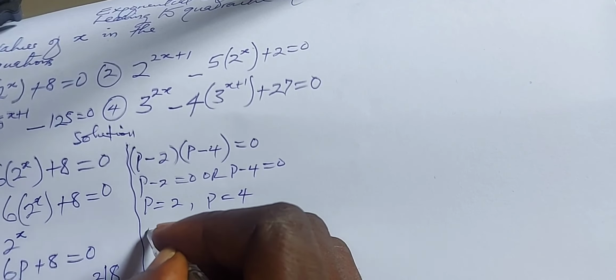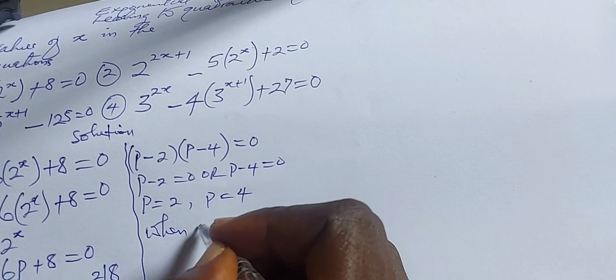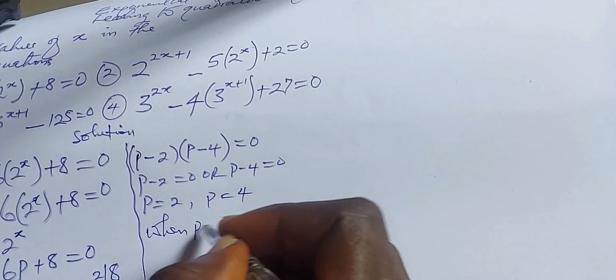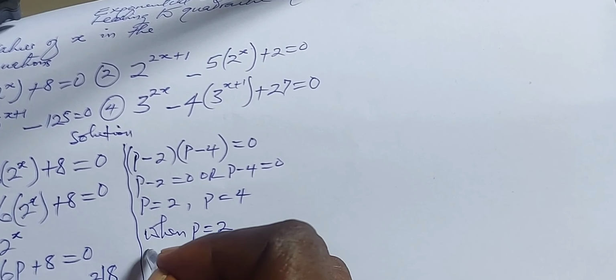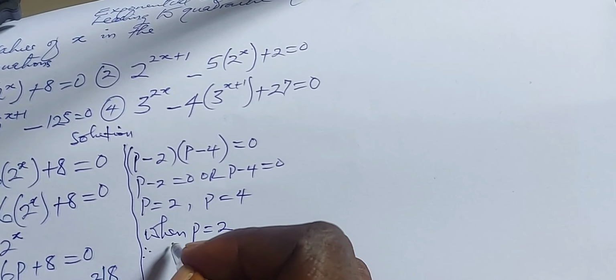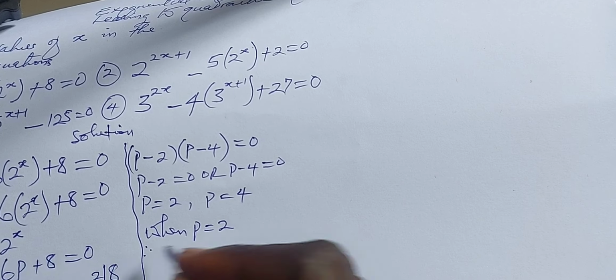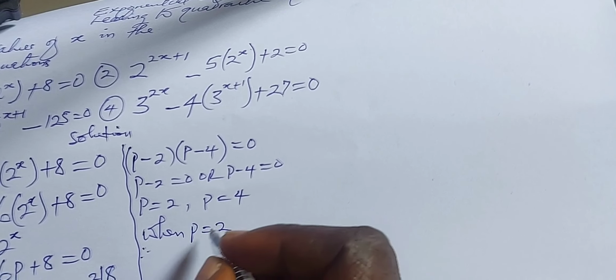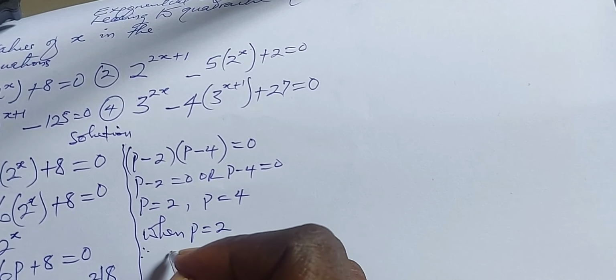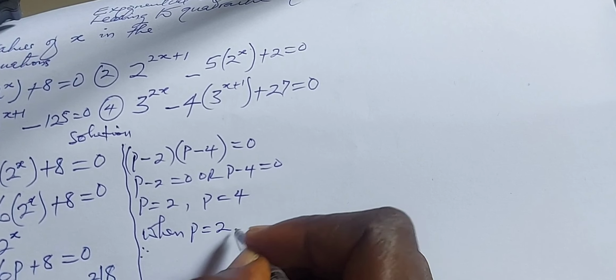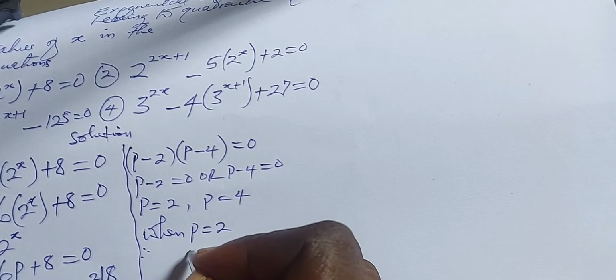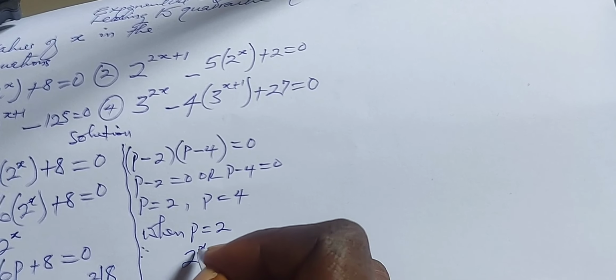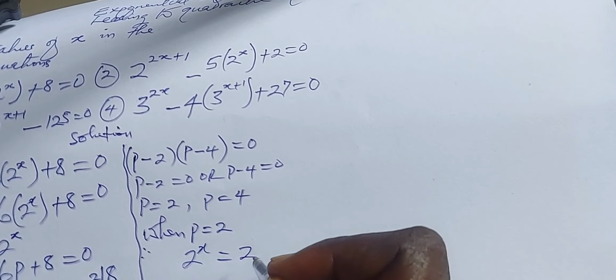And therefore, when p is equal to 2, what is the value of x? Because we said p is equal to 2 raised to the power of x, 2 raised to the power of x is equal to 2.